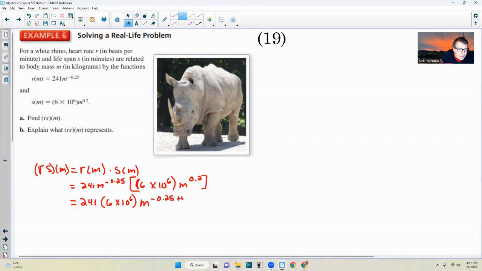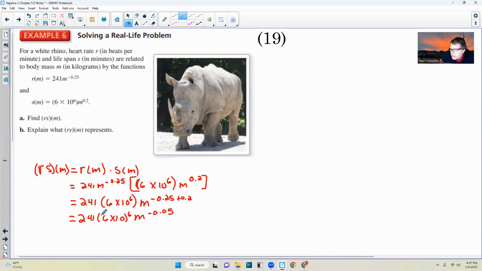Remember your rules. When you multiply the same base, you add the exponents. And this is going to simplify to 241 times 6 times 10 to the 6 times M to the negative 0.05. Okay.